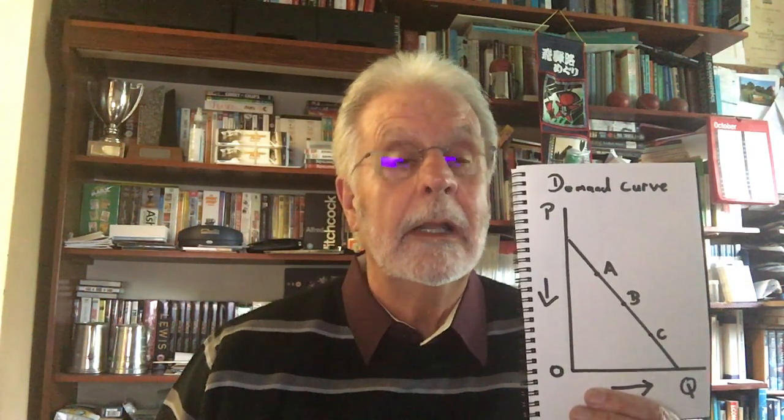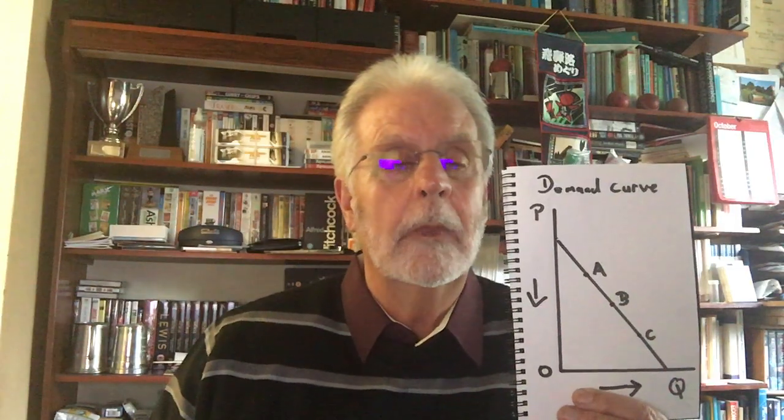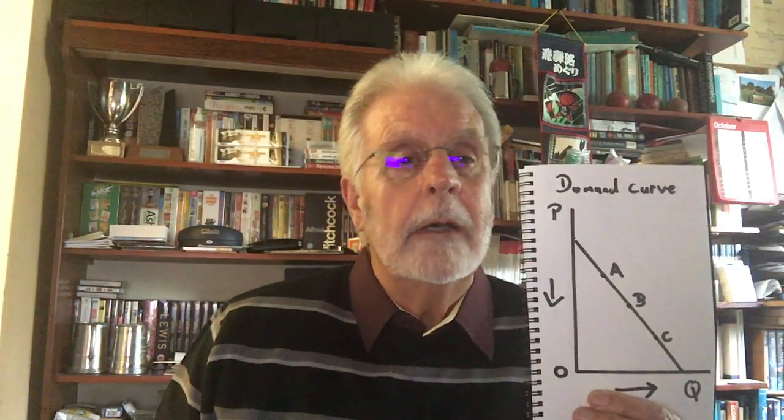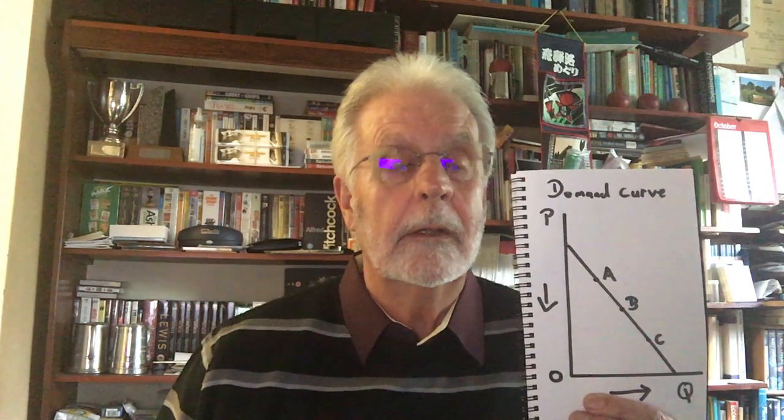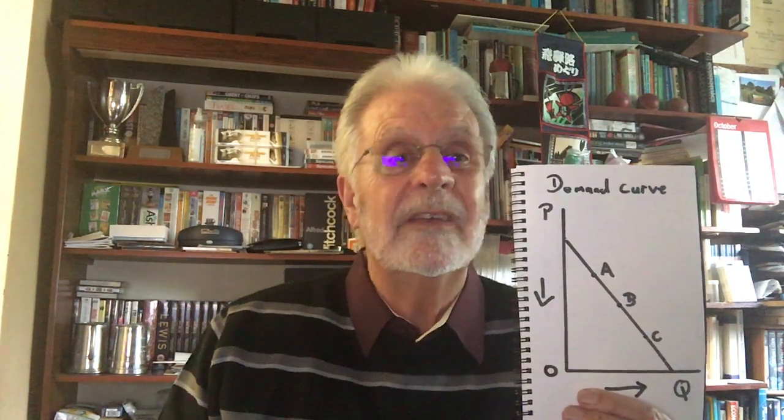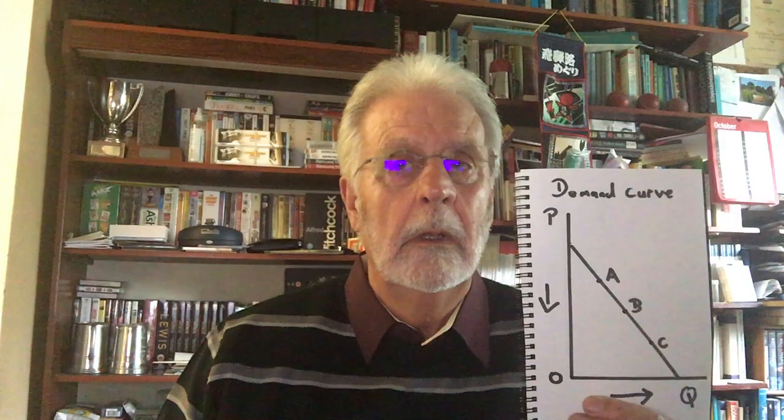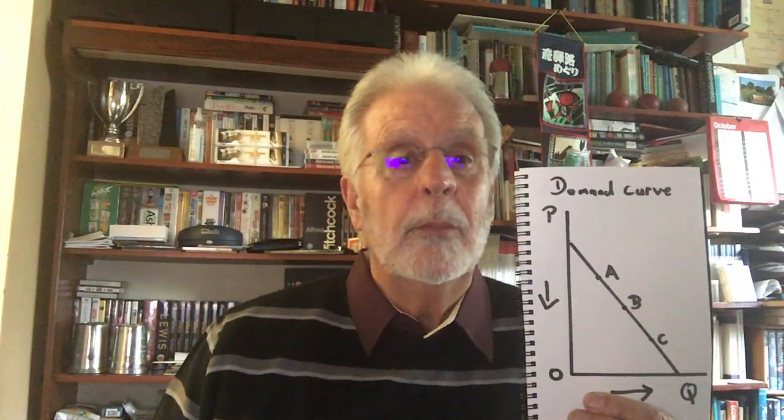So I get an elasticity which is greater than 1. And if I go down to C, I'm going to measure the distance down to the horizontal axis and divide it by the distance to the vertical axis. I'm now going to get an answer which is less than 1. Now that's quite important, because it does mean that every point going down this line has a different elasticity.